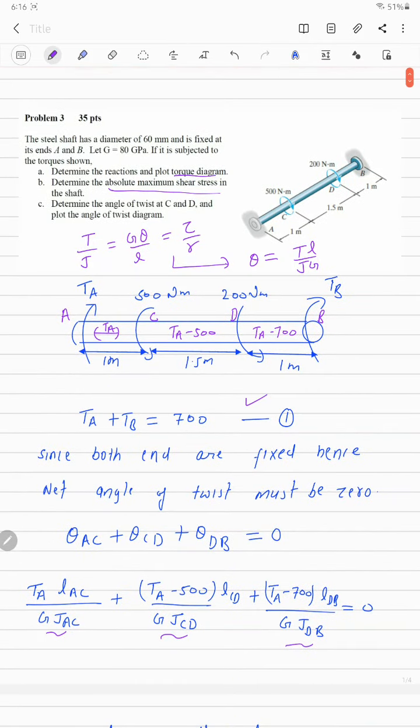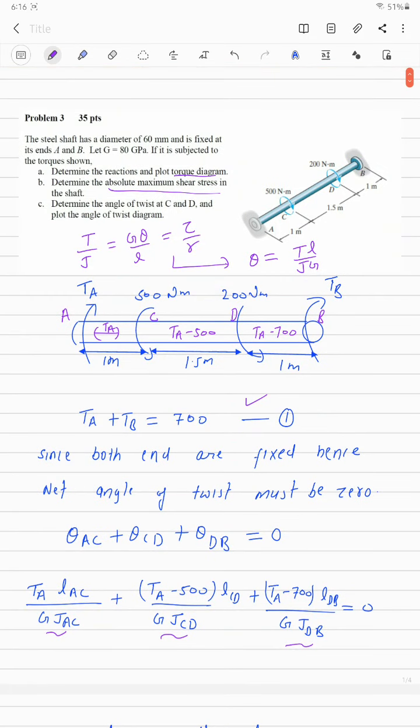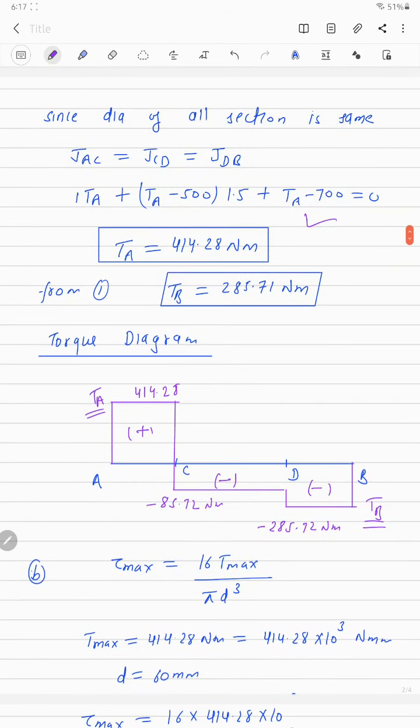Next, in the next part we have to calculate the maximum shear stress in the shaft. So we can easily observe from this equation what the formula of maximum shear stress will be. It will be 16T by pi d cube, because J will be pi d4 by 32 and R will be D by 2, so torque will come as 16T by pi d cube, that we can directly use.